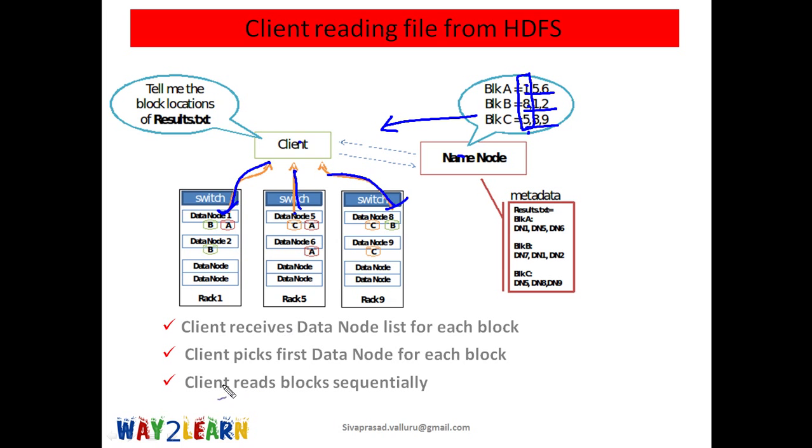The client reads the blocks sequentially: 1 first, then 8, then 5. The client picks the first data node for each block. See, block B is present in 8, 1, and 2, but it will pick the first one only.